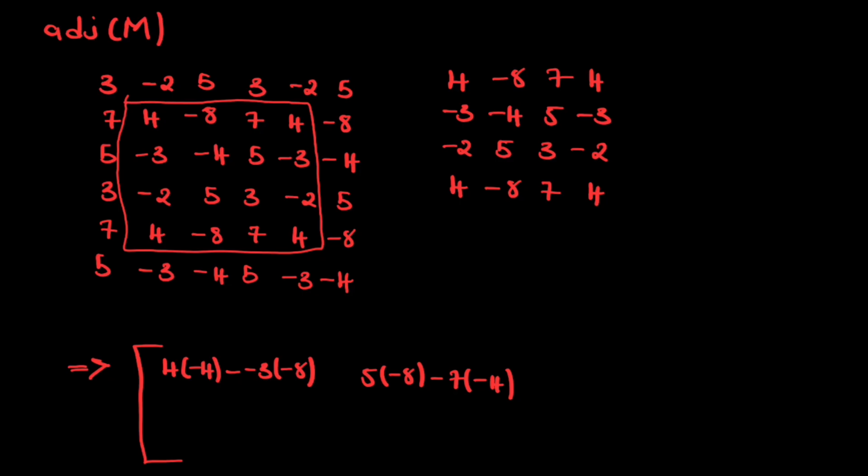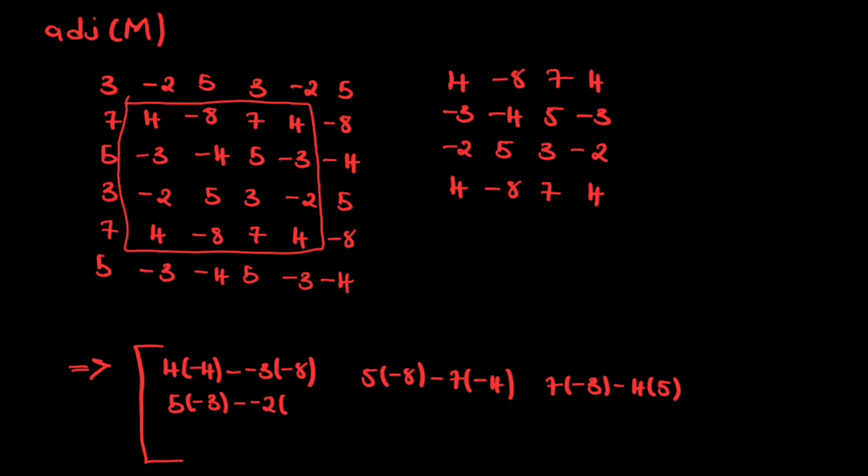The next 2 by 2: 7 times minus 3 minus 4 times 5. The next: 5 times minus 3 minus minus 2 times minus 4.